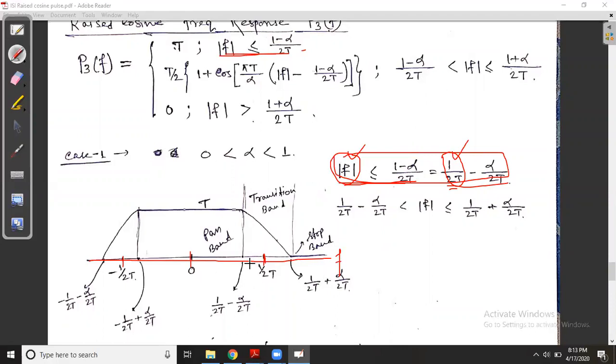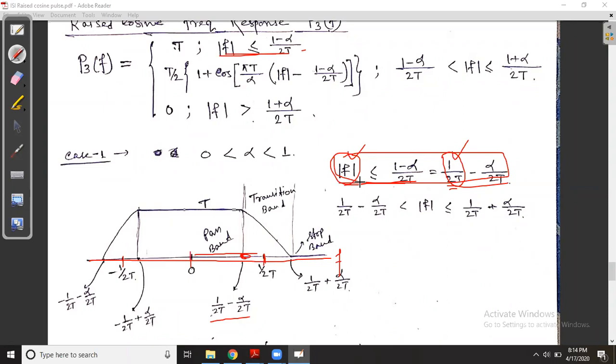That means it is somewhere in between 0 and this. I am taking here the value, this value, 1 by 2T minus alpha by 2T. You see mod is there.